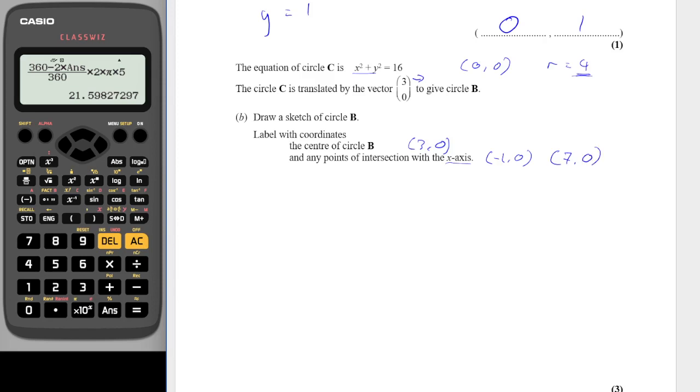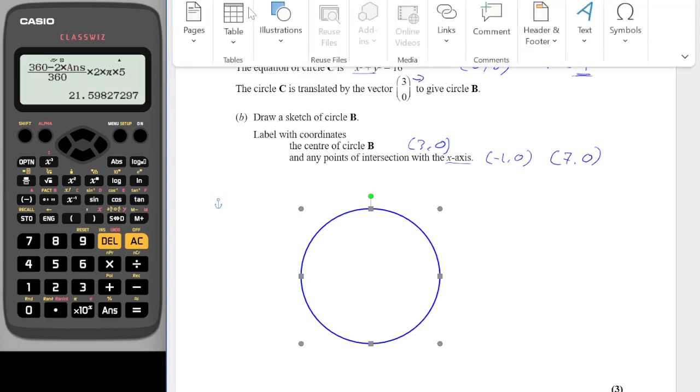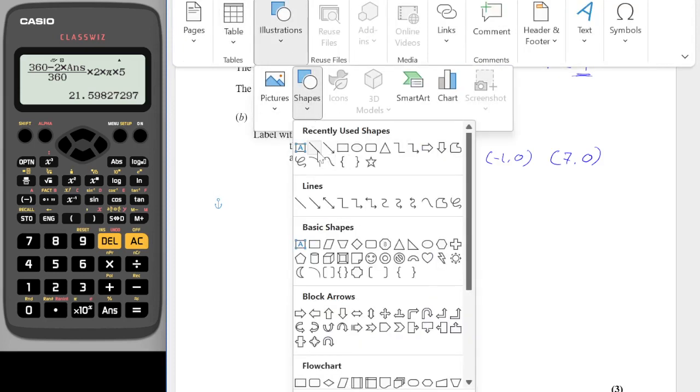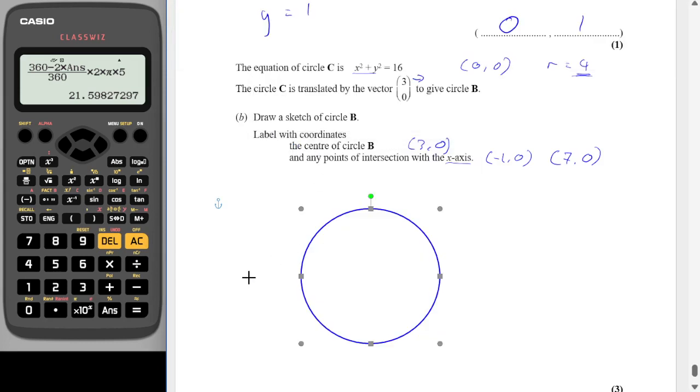So let's try and draw it actually. Okay, so if I insert circles to start with, and then I'm going to also insert the x-axis. And then if we say that that's going to be my x-axis, then we can mark on the center at 3.